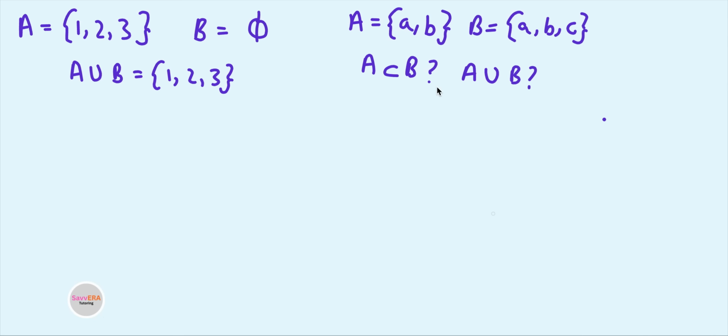To answer this, yes, A is contained in B because every element of A is in B. The elements of A are a and b, and the elements of B include these two, so they are contained. And for the union part, you would just make your brackets and write a, b, and c, and that would answer that question. Let's look at another example.